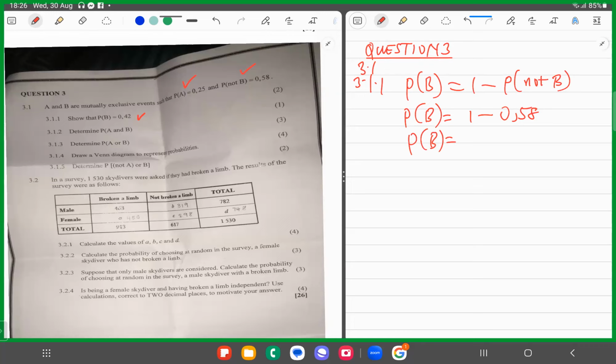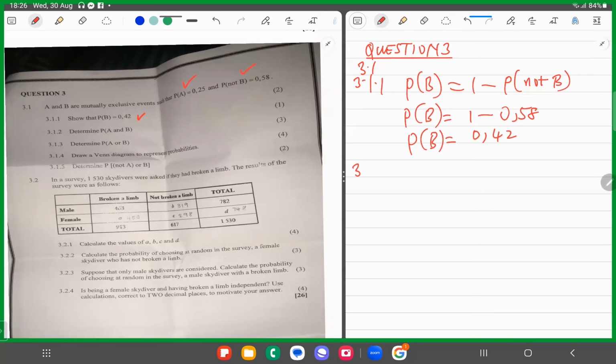Okay, so it is exactly 0.42. So the probability of B is 0.42, which is what the examiner wanted us to show.